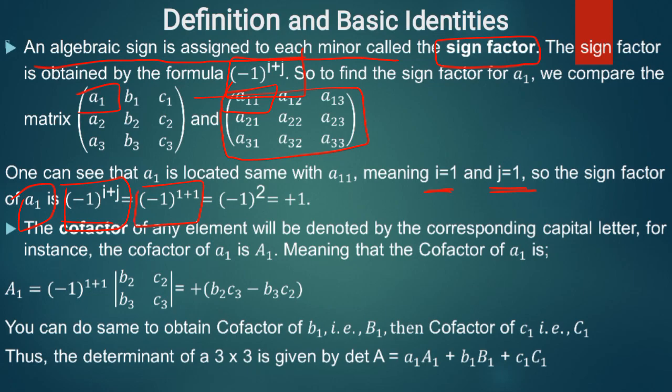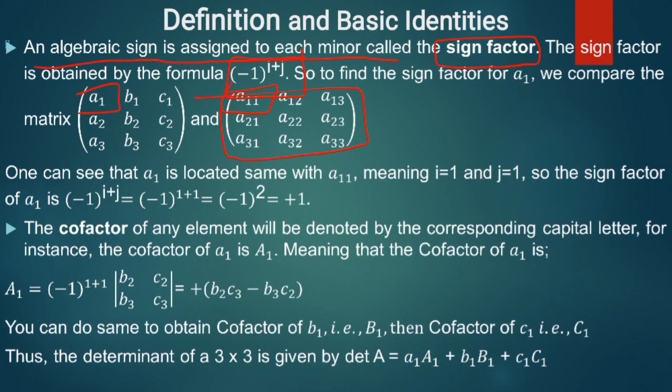And 1 plus 1 is 2. So minus 1 raised to the power 2 is going to give us a positive sign, because minus 1 times minus 1 is 1: minus times minus is plus, and 1 times 1 is 1. So you have a positive sign in that location. That's the sign factor for A1.